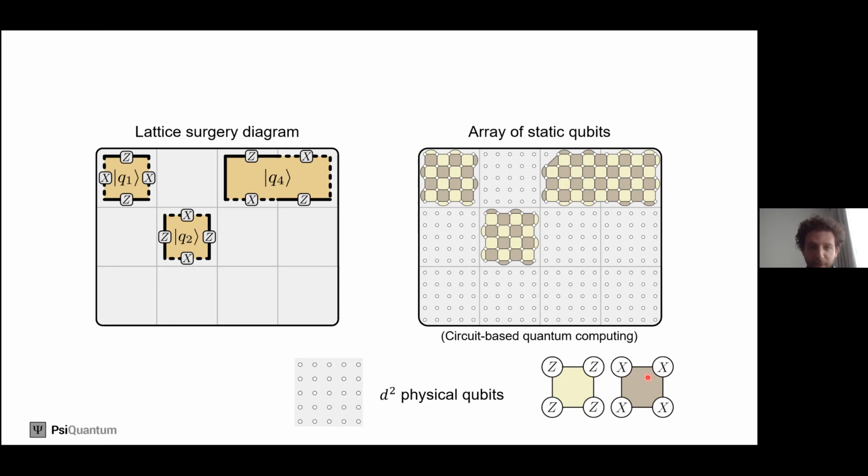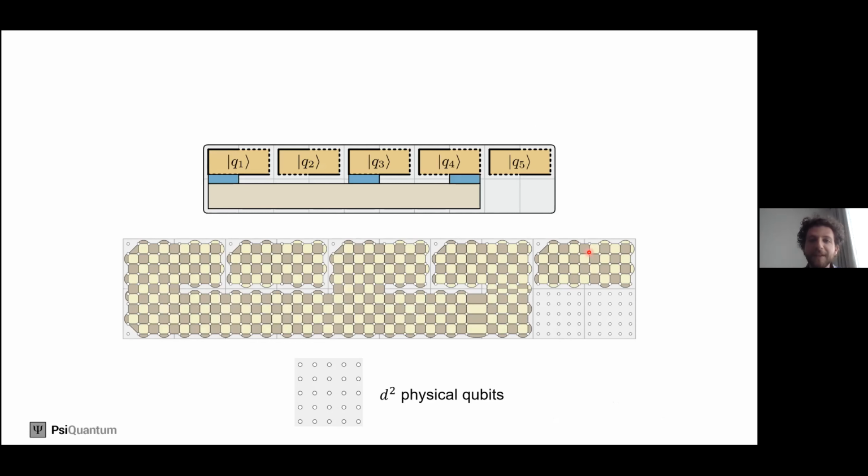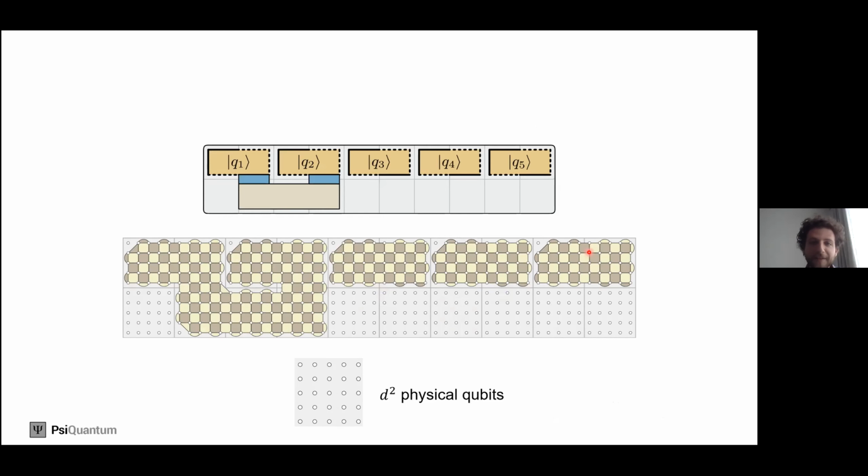In every code cycle, you need to measure all of these shown check operators exactly once. Logical operations are essentially performed by changing the arrangement of check operators that you measure from cycle to cycle. So for instance, in one cycle, you might measure this arrangement of check operators, in the next cycle, this arrangement, and then in another cycle, this arrangement.